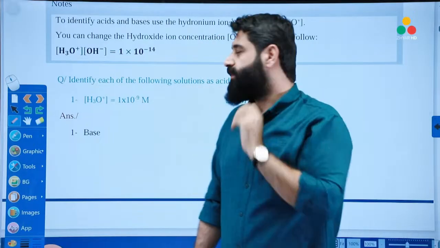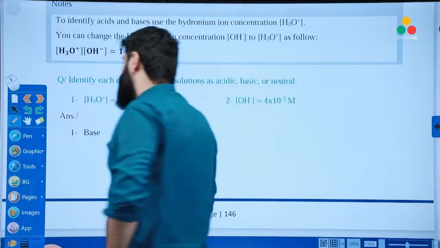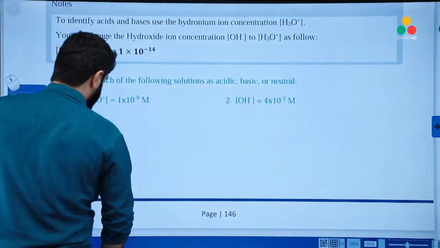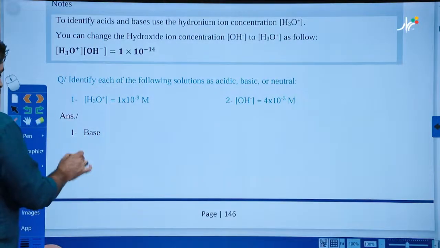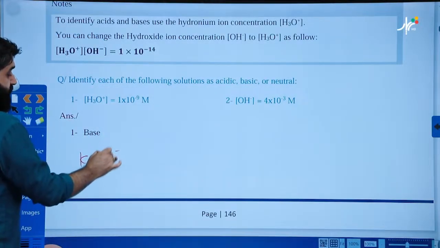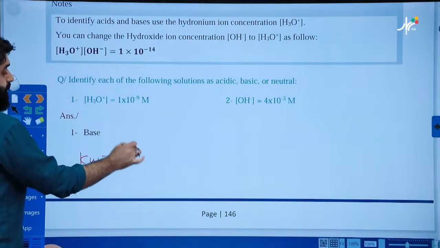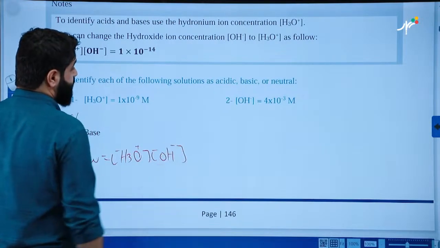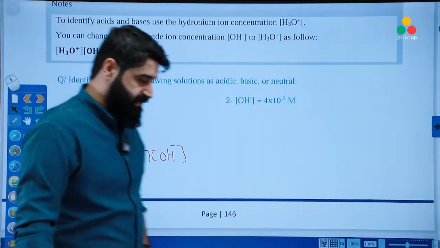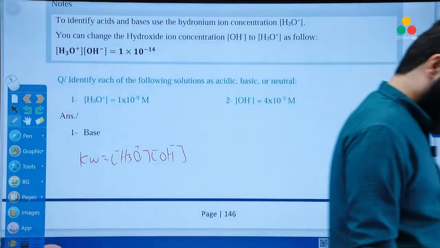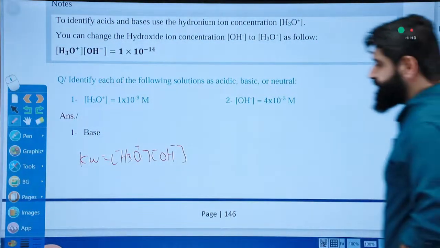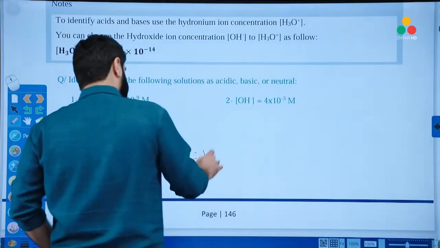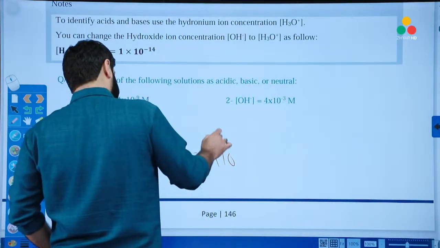By the way, how to convert hydronium to hydroxide and vice versa? We have this rule, which is Kw. Kw equals H3O times OH. Because all the questions are for 25 Celsius degree, we always use this value as the value of Kw.